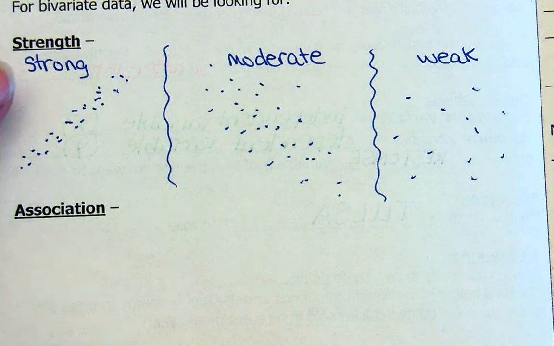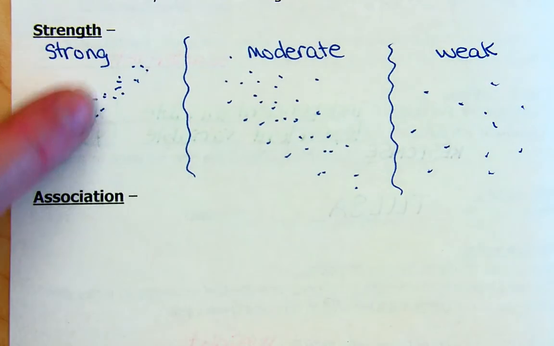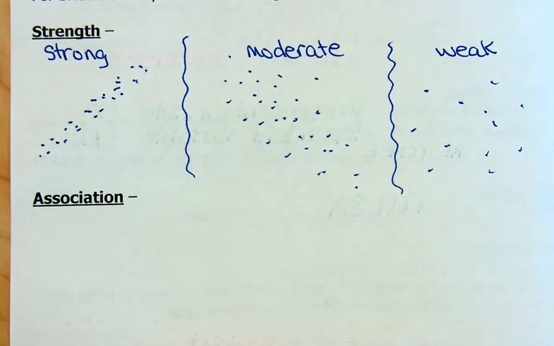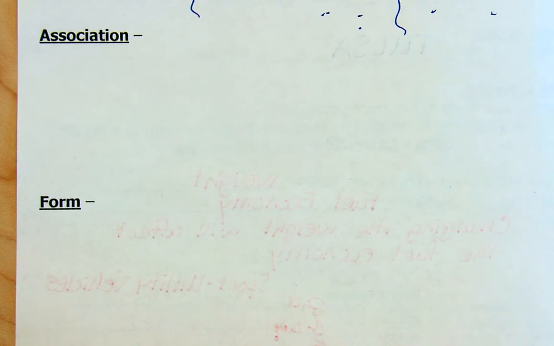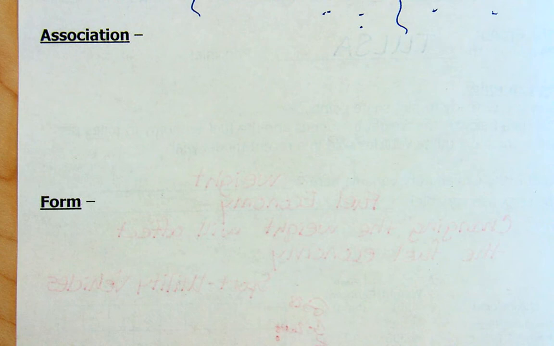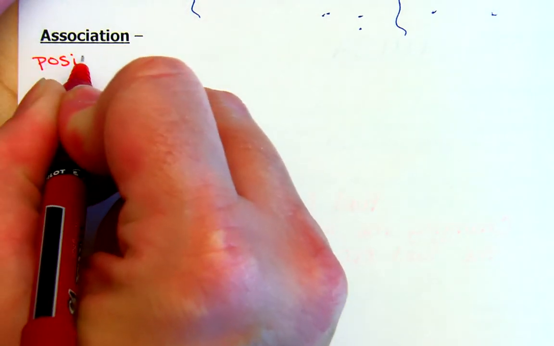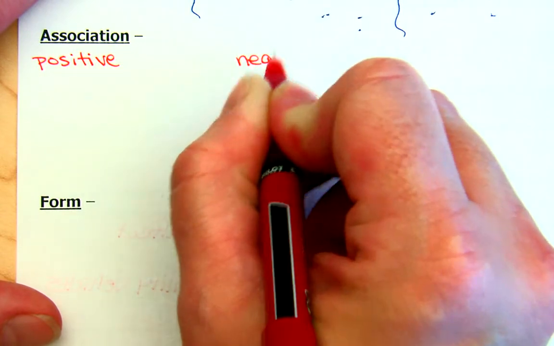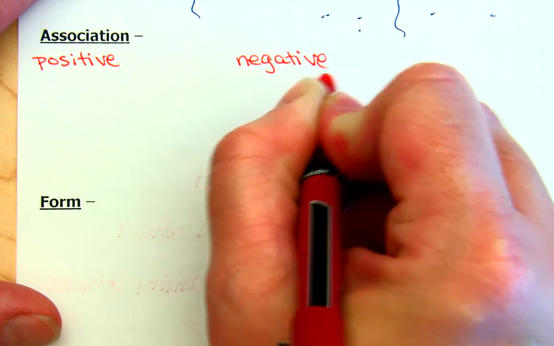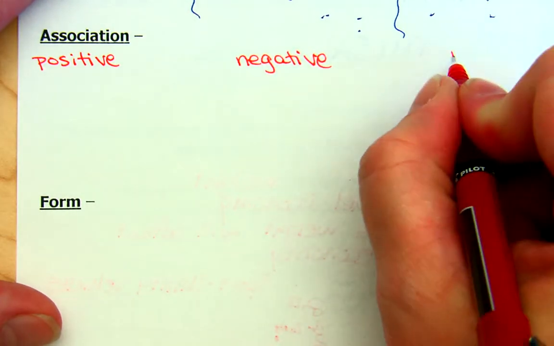Okay, strength. Like I say, we'll talk more about that tomorrow, but for now, you should be able to identify it as one of those three. Okay. Association. This is where we're looking at, it's either positive, negative, or none.